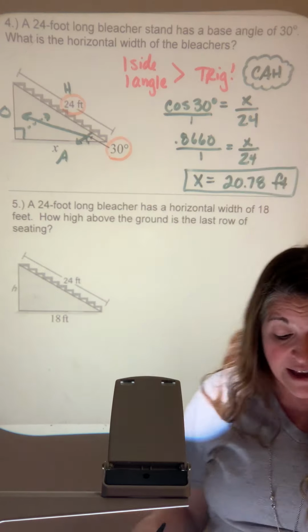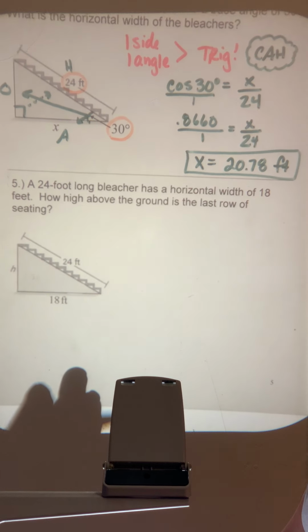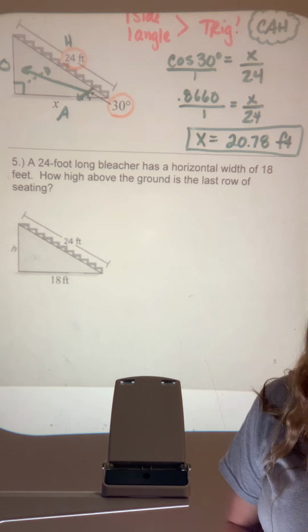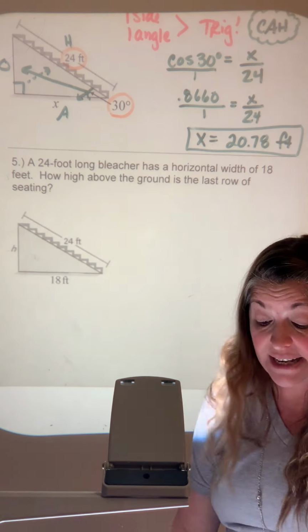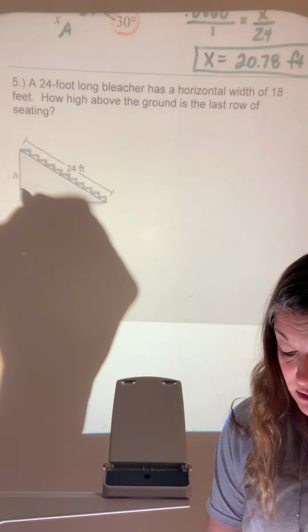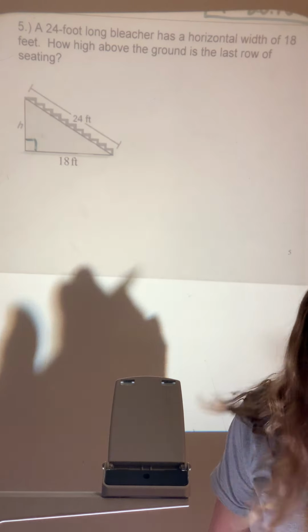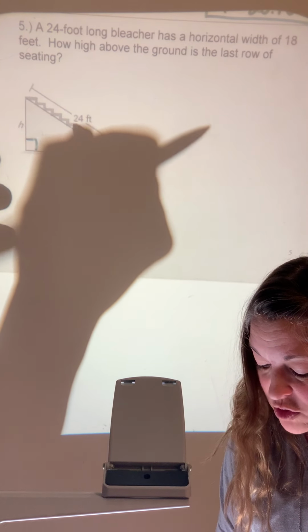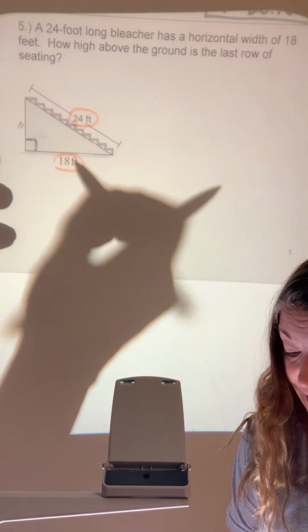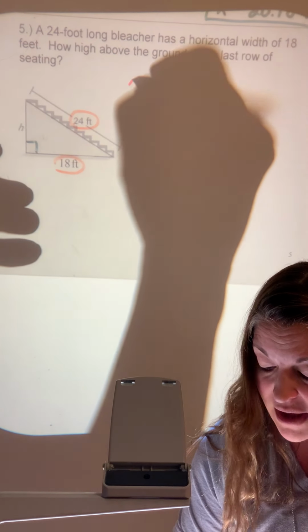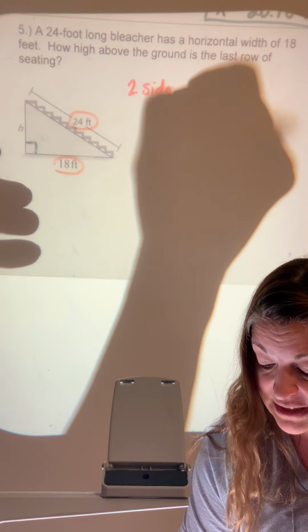For number 5, notice that they're not giving me any acute angles inside the picture. All we really know is that it is a right triangle, but as far as what they're giving me around the outsides here, they've just given me the 24 here and the 18 here. So unlike number 4, now I have 2 sides.